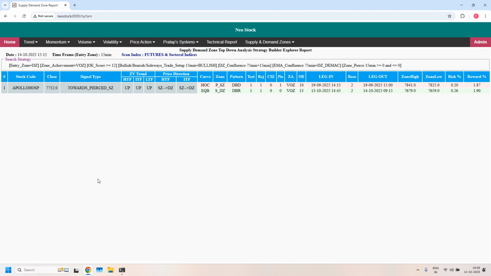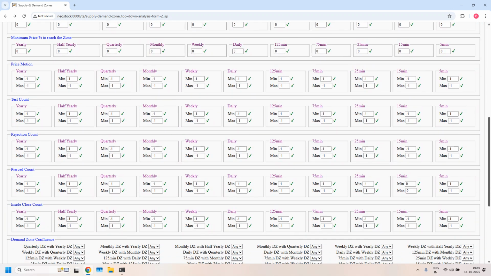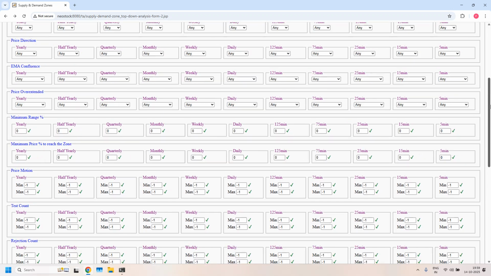As per the second strategy, LTF, ITF, HTF demand zone and HTF EMA confluence. So I am removing the ITF EMA filter. First let us set all the three filters: 15 minutes and 75 minutes, 15 minutes and daily, and 75 minutes and daily, with all the three filters.